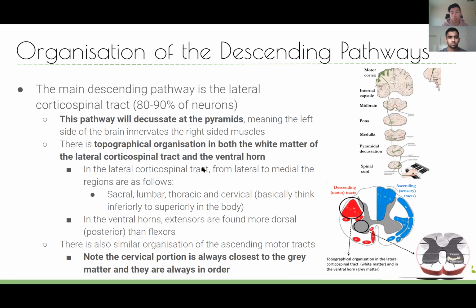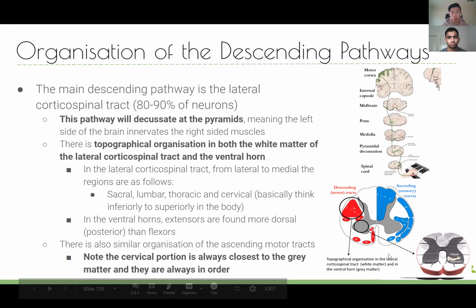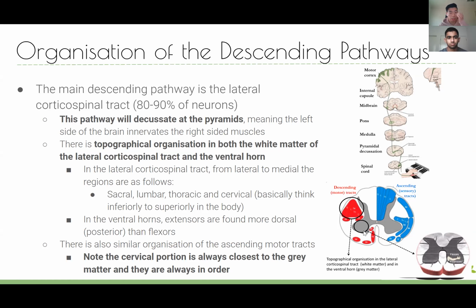There's also an organization involved with these nerves, both in the lateral corticospinal tract as well as the ventral horn itself. Think of all these outer white matter tracts this way: whatever's closest to the grey matter is cervical, and then it goes out, so it goes cervical, thoracic, lumbar, then sacral as you go down your body.